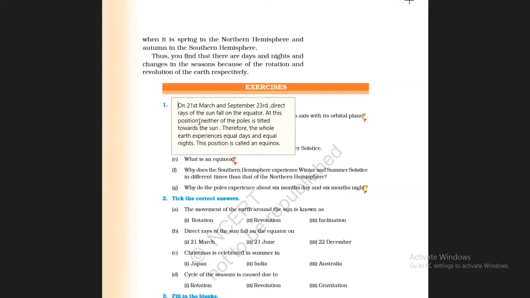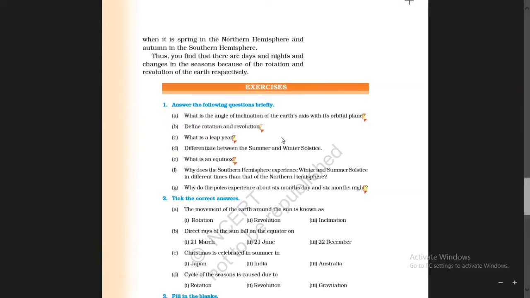At this position, neither of the poles, whether North Pole or South Pole, is tilted towards the sun. Therefore, the whole earth experiences equal days and equal nights. This position is called an equinox.